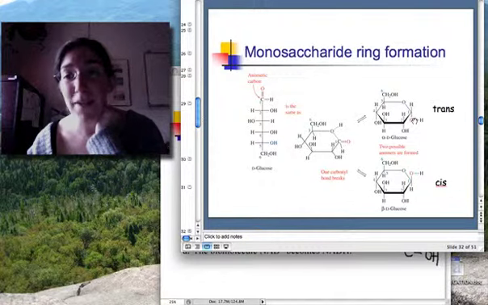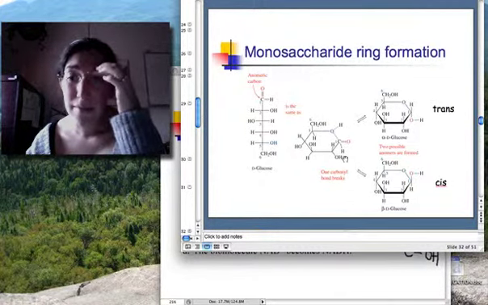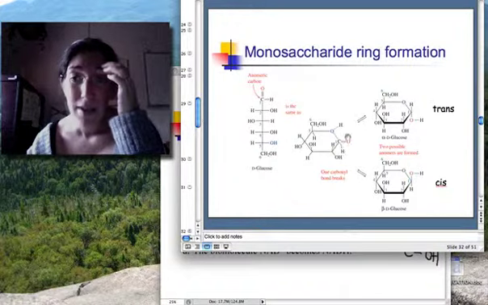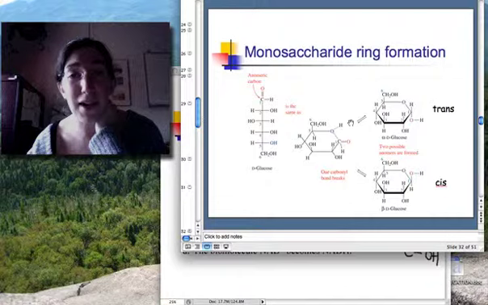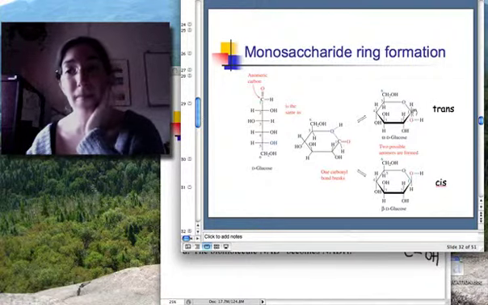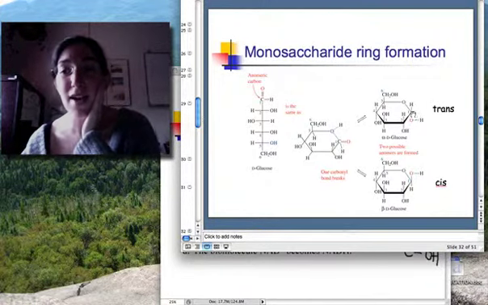So what ends up happening is this oxygen group here can either be on the top of this carbon or the bottom. So in this case, the oxygen, or the OH group, the alcohol group, ended up on the bottom of the ring.